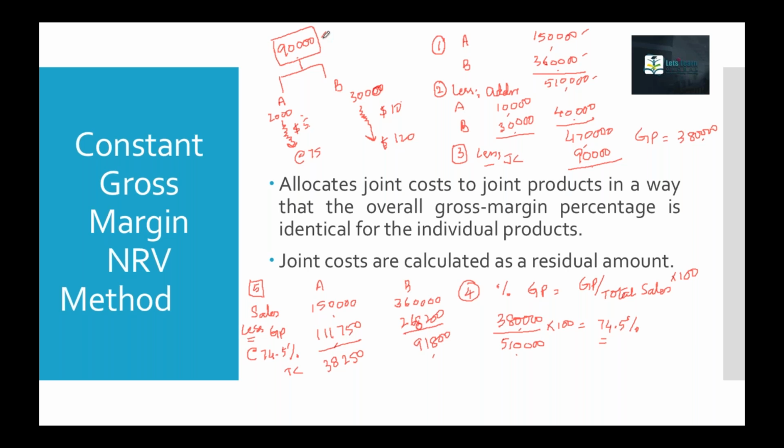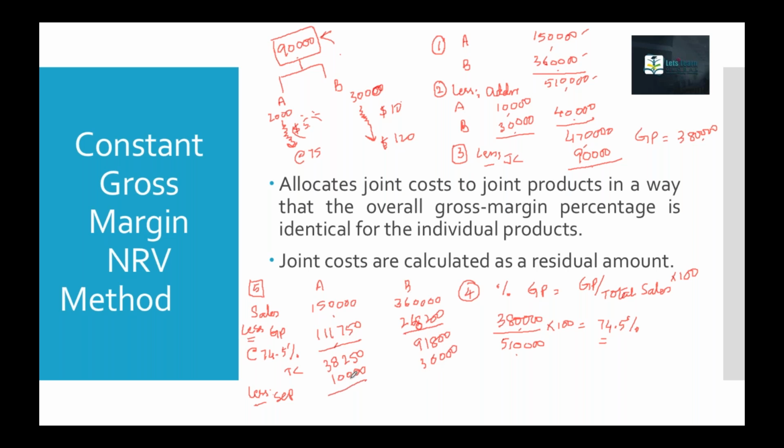What I don't know is how much of this 90,000 is of A and B. So let me deduct this separable cost. Less separable cost. Separable cost already calculated here: 10,000, that is 5 into 2,000, and 10 into 3,000, 30,000 here.